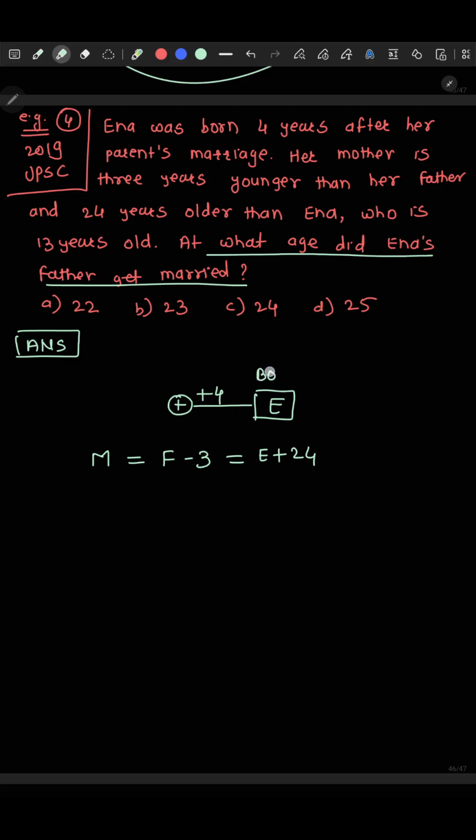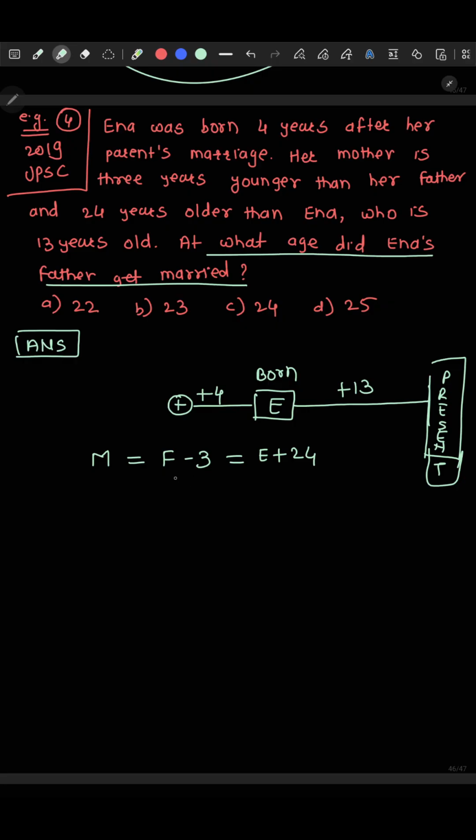So this is where Ina was born, and the current age is 13 years old. This is the present. Now what we have to find: at what age did Ina's father get married?